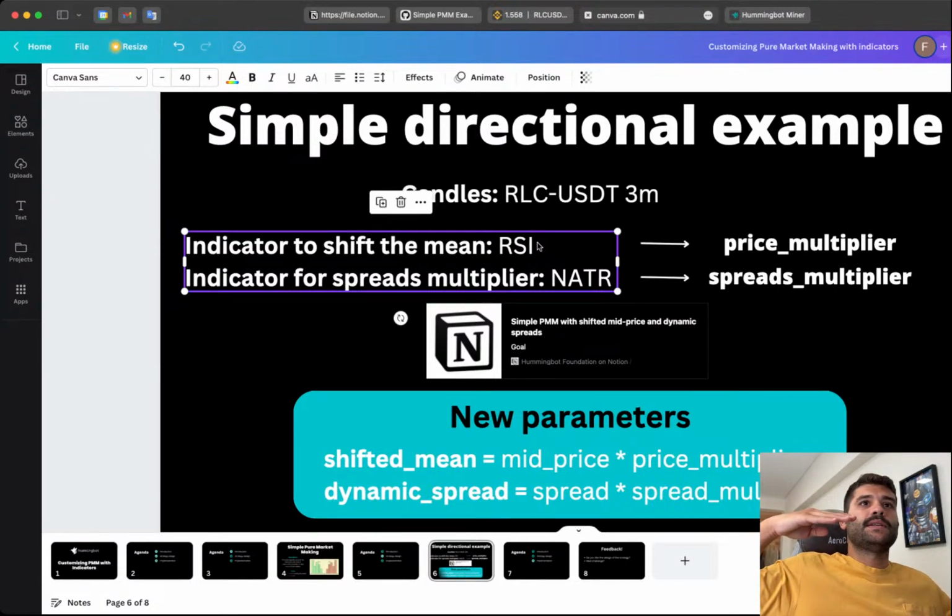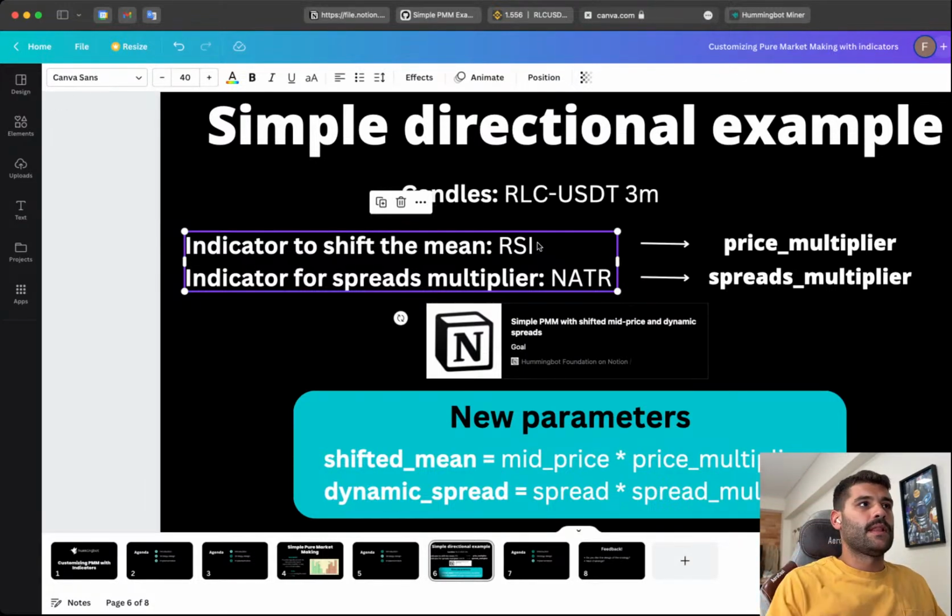So if the RSI is high, it means that the asset is oversold, and probably the price is going to go down. So what we want to do, if we detect that the asset is oversold and the price is going down, is shift down the mean. So we are going to subtract a value.